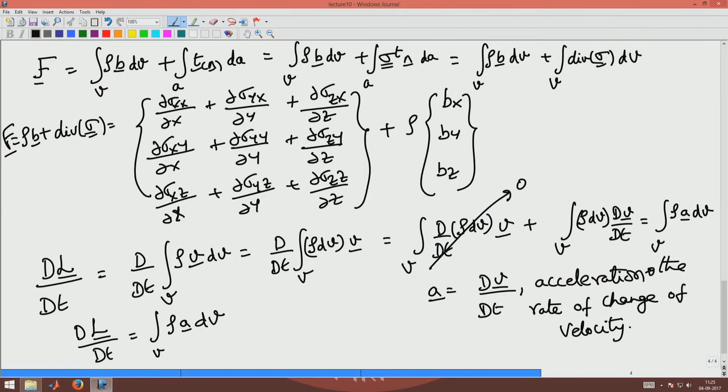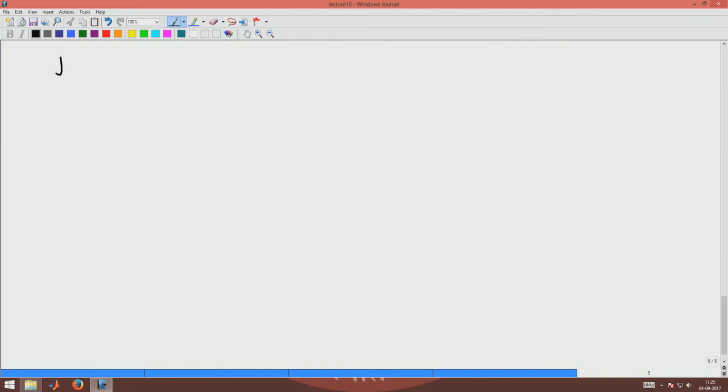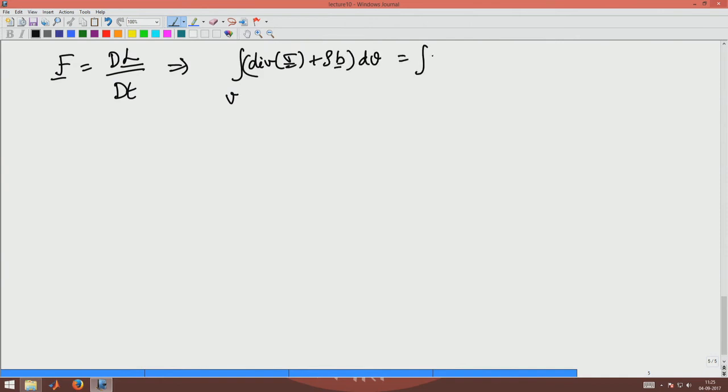Now, what does Newton's second law state? It states that F is nothing but dL by dt. So, next we will use that fact, F in magnitude and direction should be equal to dL by dt, which will imply that integral over V of divergence of sigma plus rho b dV must be equal to integral of rho a dV, where a is the acceleration.